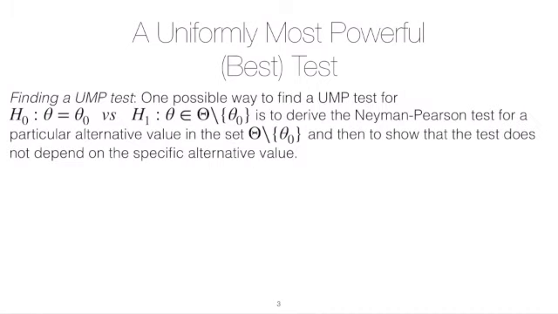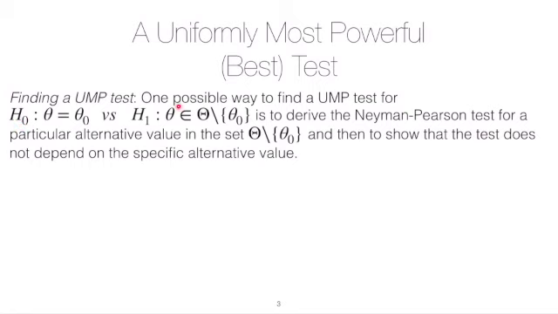So we'll talk about two strategies here, and I'll briefly mention one, and then we'll spend a little bit more time on the other. The first strategy for finding a uniformly most powerful test would be to think about your null as simple and your alternative as composite.